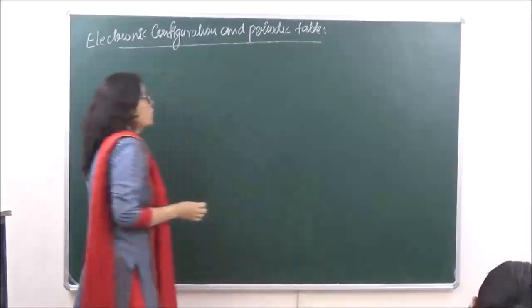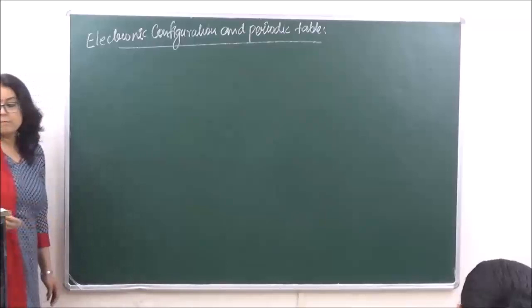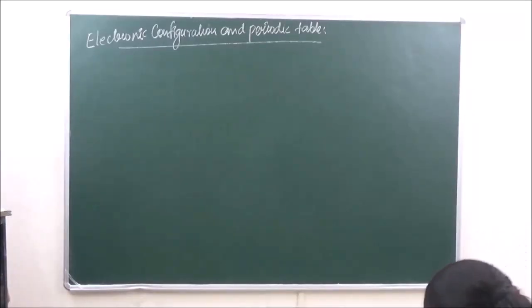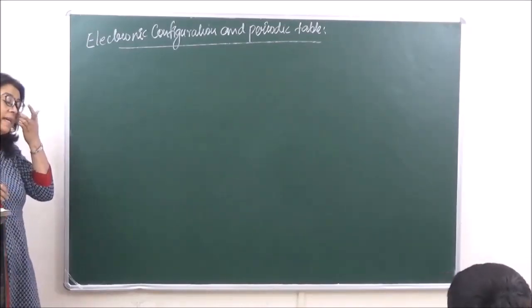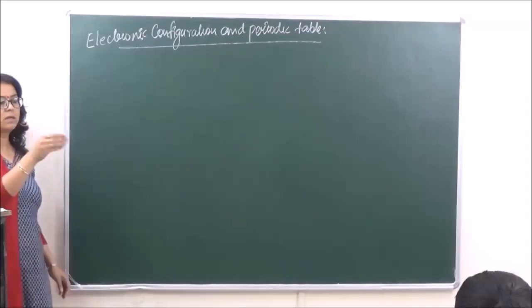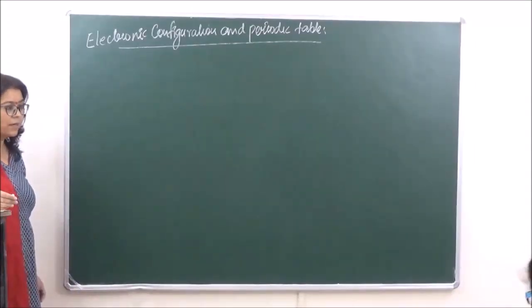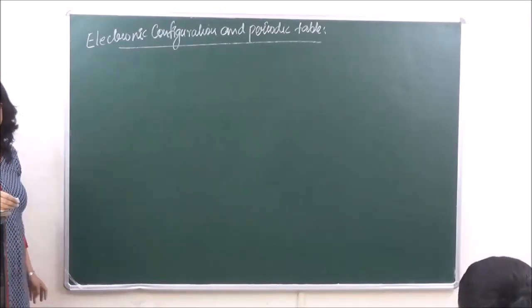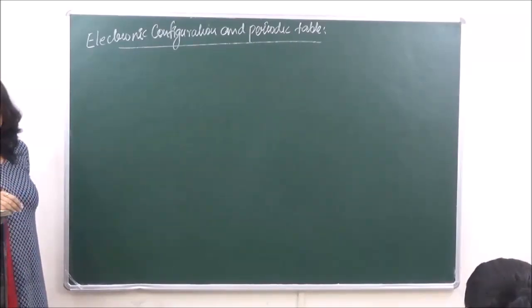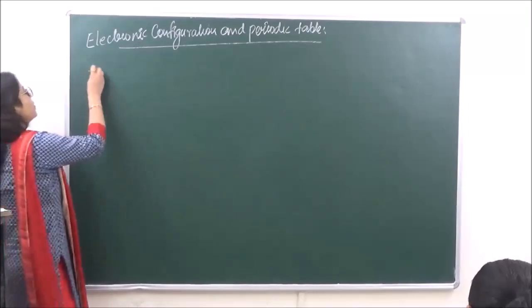Now when we are talking of the electronic configuration, we had already studied this, the Aufbau principle. What does the Aufbau principle say? That the shells are filled in order of increasing energies, right? Now according to the Aufbau principle, it gives us a theoretical foundation.